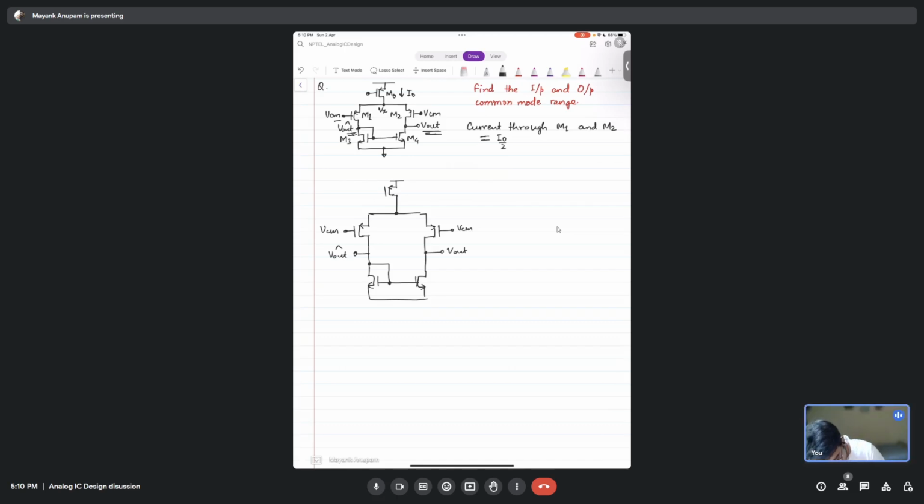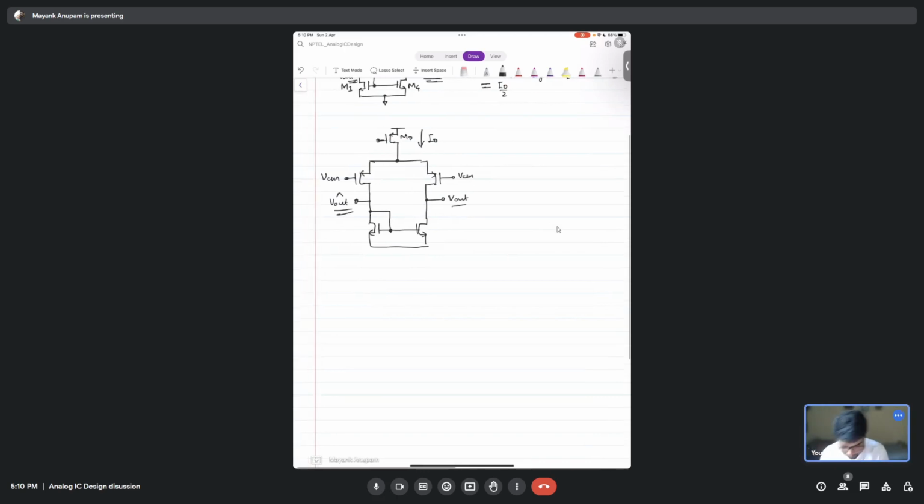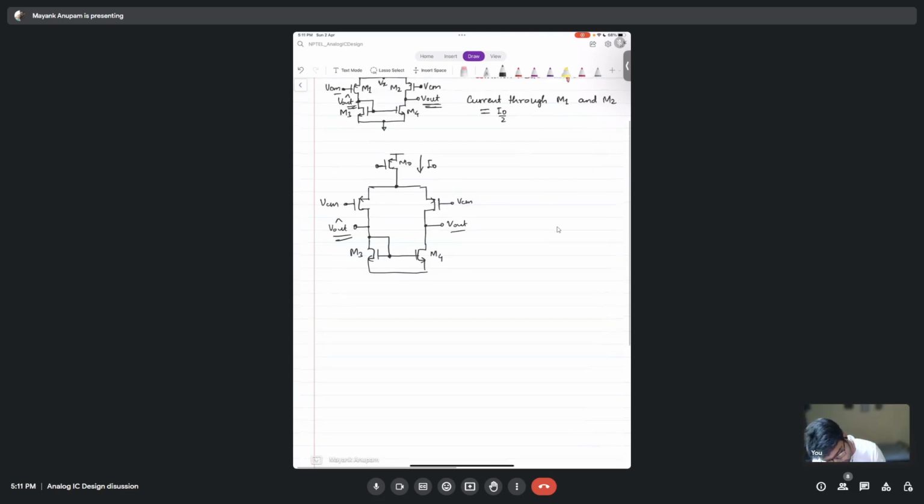So you tell me, is there a relation between V out and V out hat here? If M1 and M2 are equal, then V out and V out dash will be equal, I guess. Why are you saying that? Because the same load is there on M3 and M4.